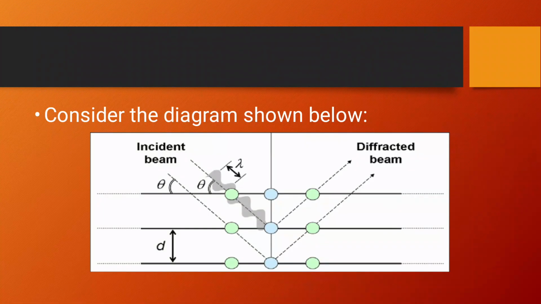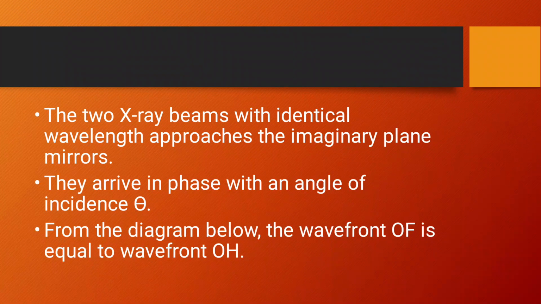The planes are separated by the distance d. The two X-ray beams with identical wavelength approach the imaginary plane mirrors and arrive in phase. In phase means that the peaks and the troughs occur at the same time. In phase is the opposite of out of phase.